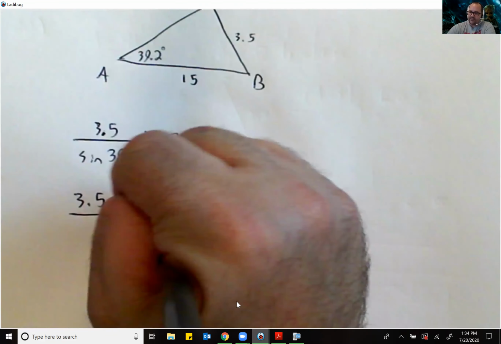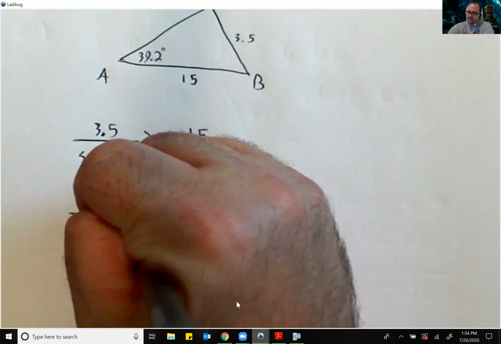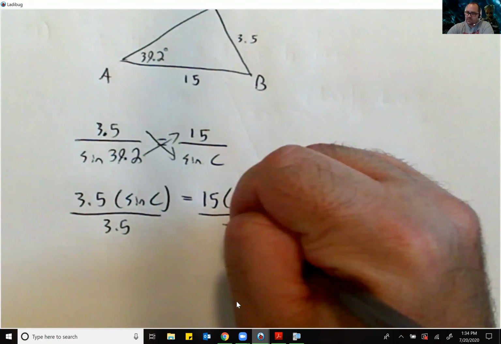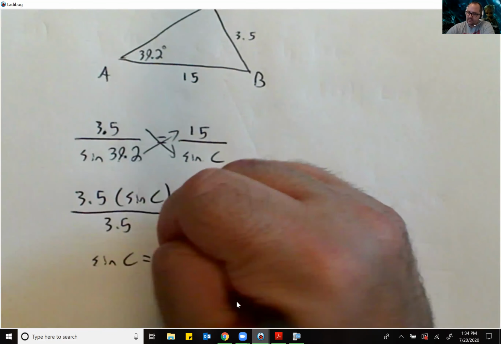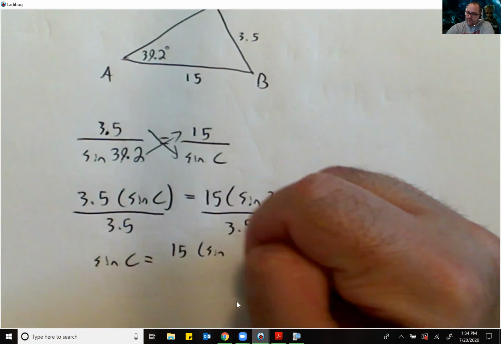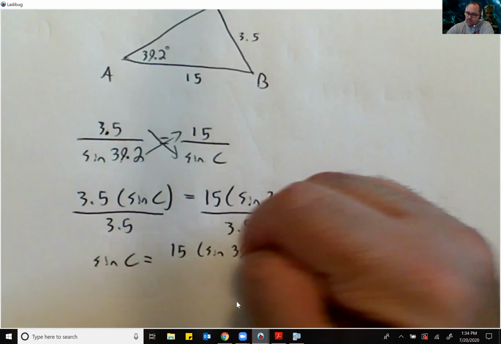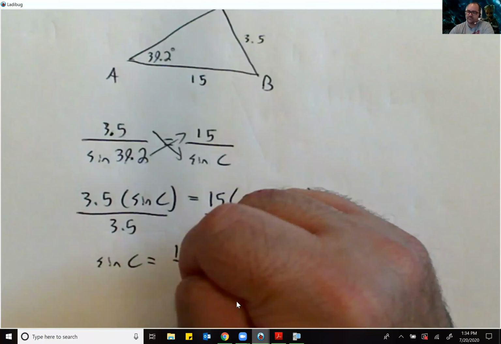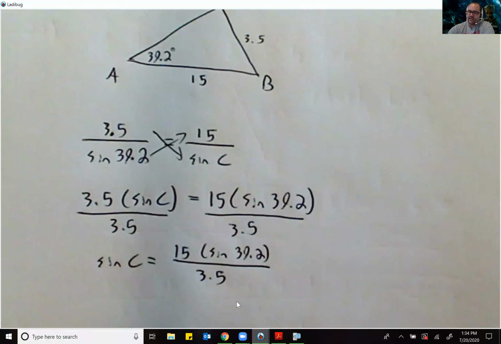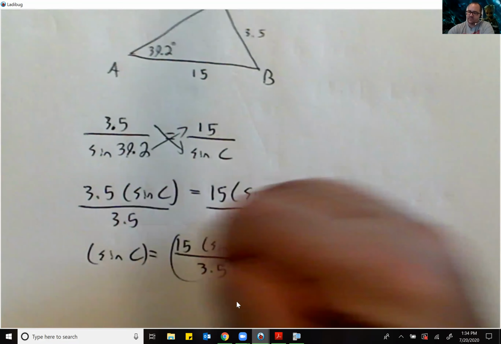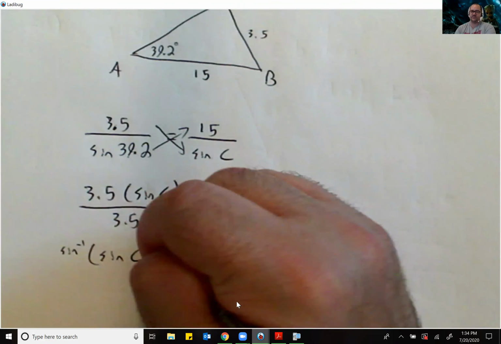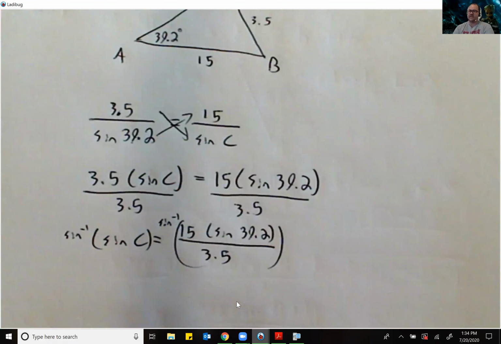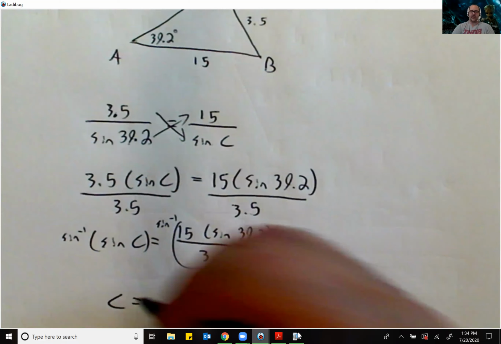Divide by 3.5. Sine C is equal to 15 sine 39.2 all over 3.5. And take your inverse. Sine inverse. So C is equal to, go to our calculator.